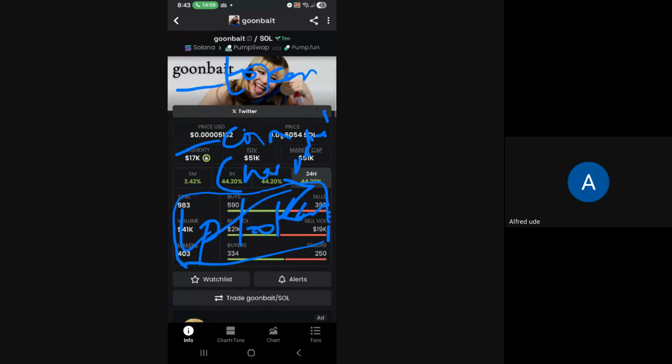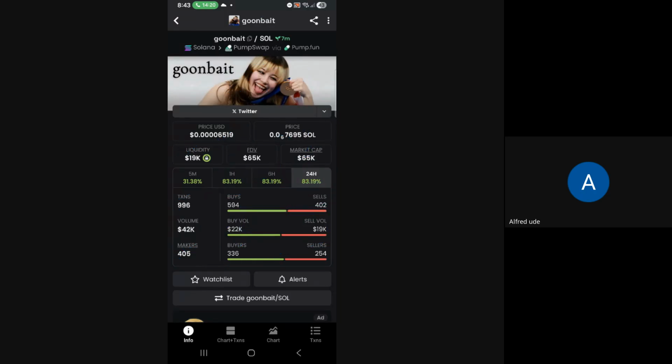Be able to withdraw what? Your liquidity. And withdrawing of real liquidity causes what we call a rug pull. It causes what we call a rug pull when a developer removes liquidity.